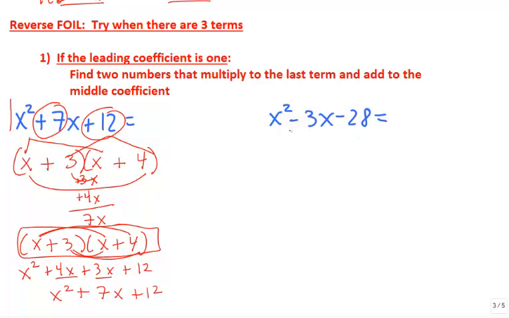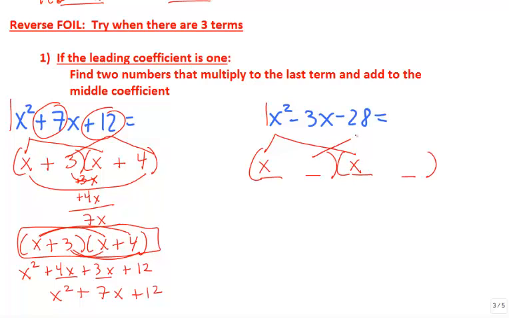First of all, there's no GCF, and this is a trinomial. It has 3 terms, so that's how I know that I'm going to try reverse FOIL. Reverse FOIL is where we put down 2 sets of parentheses, and we're basically trying to fill in these 4 spaces. Because the leading coefficient is a 1, there's only going to be one way to get x squared, and that's x times x.